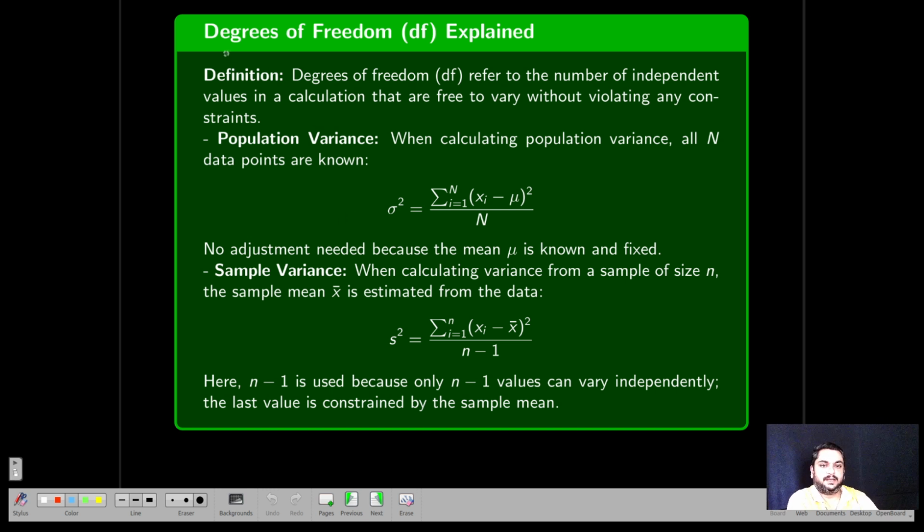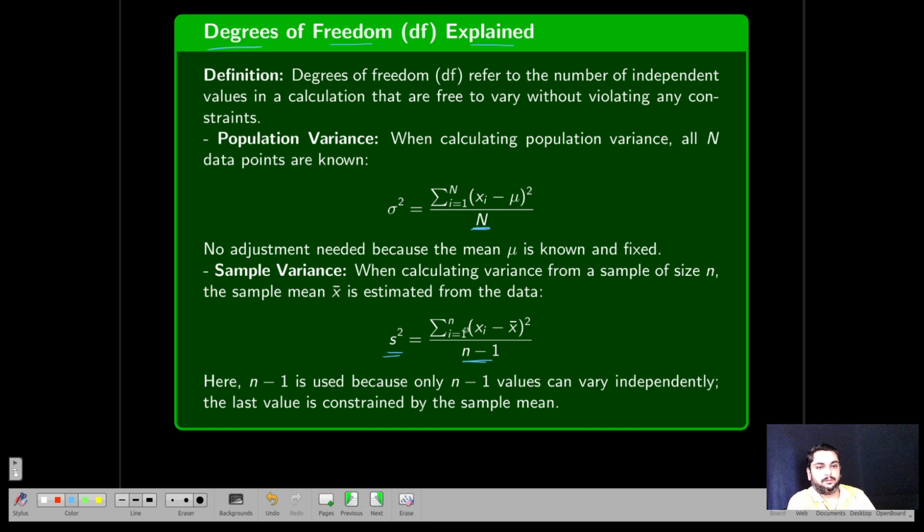Now we'll try to understand what degrees of freedom exactly means. In the second chapter, I told you I would explain the degrees of freedom in a later part, so we have come there now. You remember you used s square, the variance of the sample, divided by n minus 1, whereas the variance of the population is divided by capital N, the size. But here 1 was subtracted from the sample size.